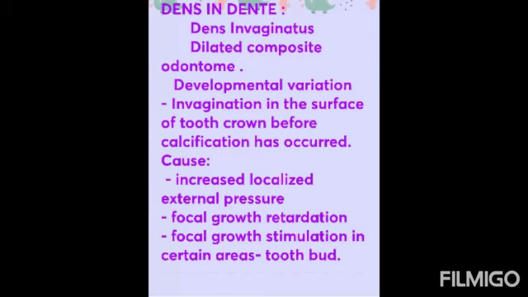Next, moving on to dens in dente, also known as dens invaginatus or dilated composite odontome. It is a developmental variation, an invagination in the surface of the tooth crown before calcification has occurred.